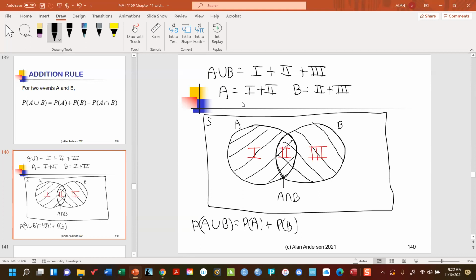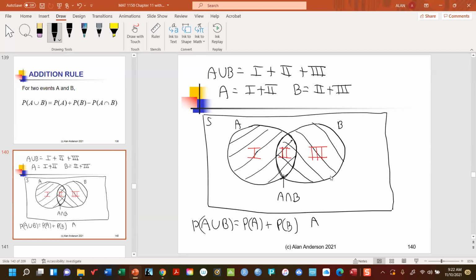Well, here's the problem. A plus B equals 1 plus 2 plus 2 plus 3. Let's try that again.